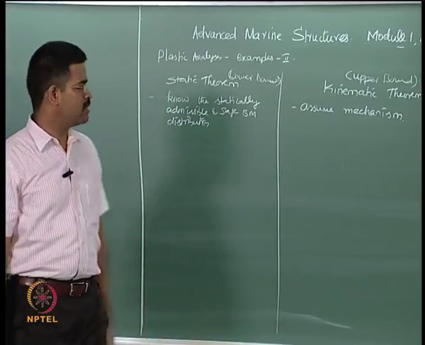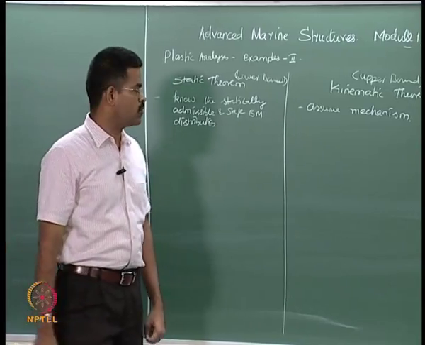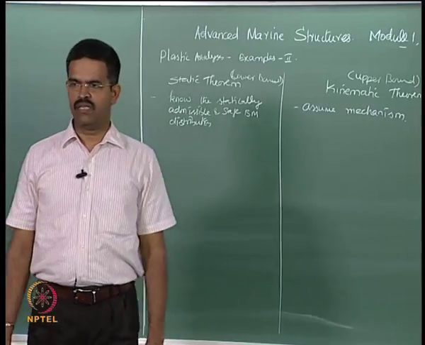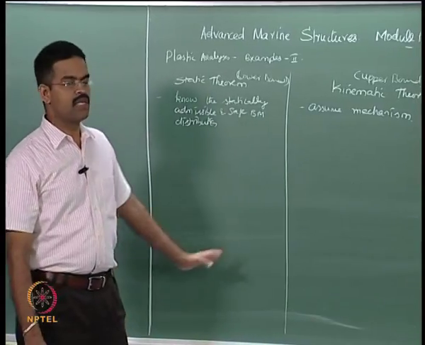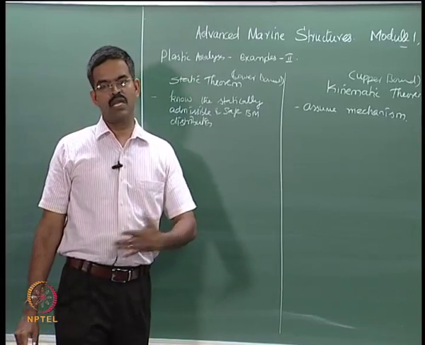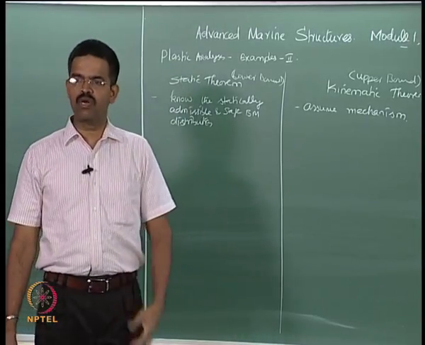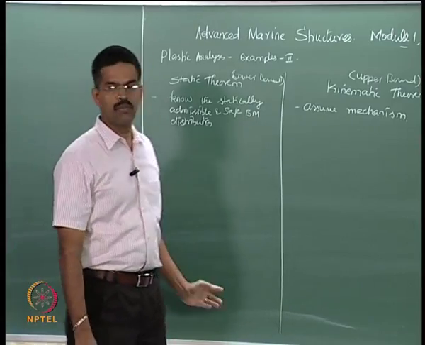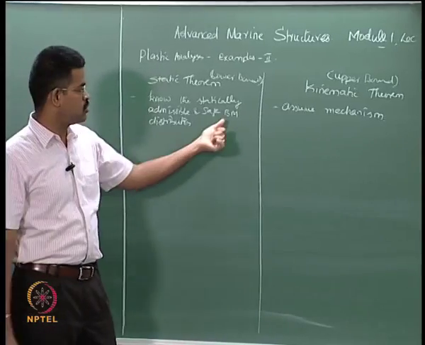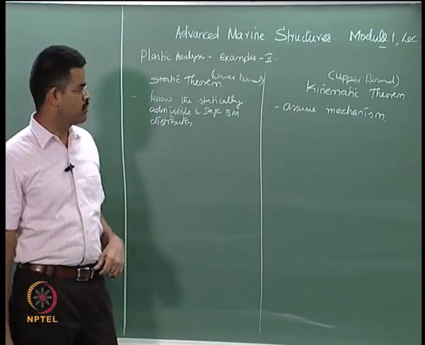So, both ways it requires a prelude or a precondition that one must know the classical structural mechanics to do a plastic analysis. Okay. So, plastic analysis can be seen as an advanced method of analysis with respect to the elastic conventional analysis. So, if you do not know elastic analysis, you cannot proceed with the plastic analysis, because at least one method demands you to find out the bending moment distribution for this.